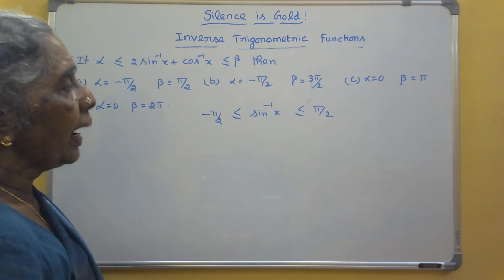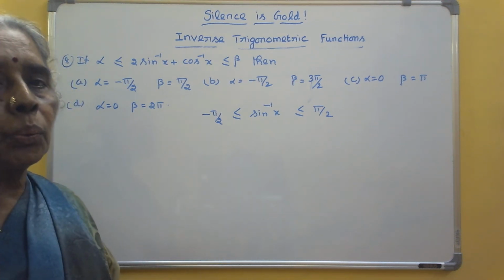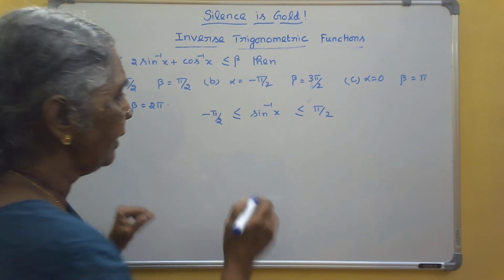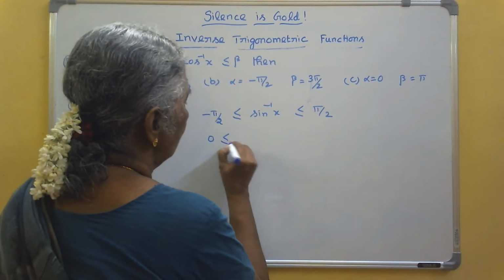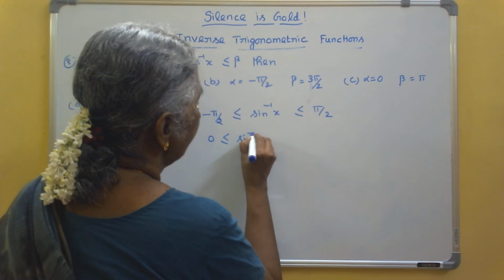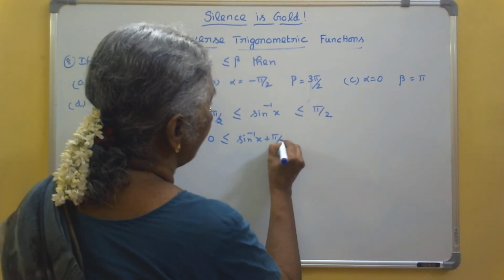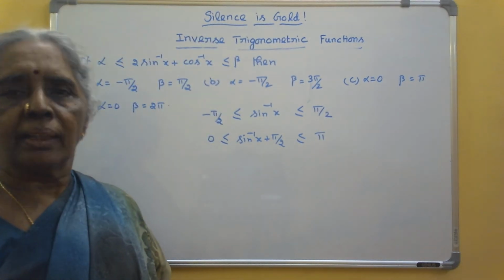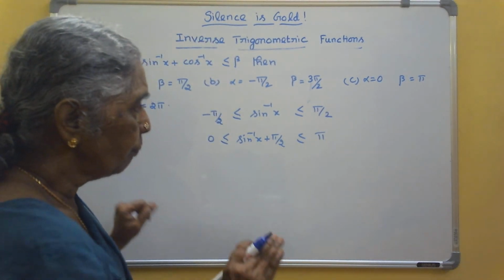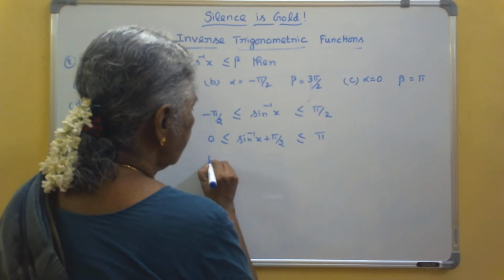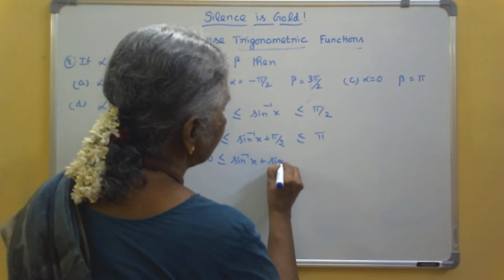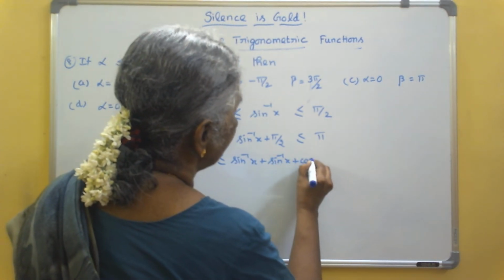Now I am going to add pi by 2 to all the terms. Next step you will understand why I am adding. So here it will become 0. Here I will get sin inverse x plus pi by 2. Here I will get pi by 2 plus pi by 2, which is pi. Now this pi by 2 I am going to write as sin inverse x plus cos inverse x.